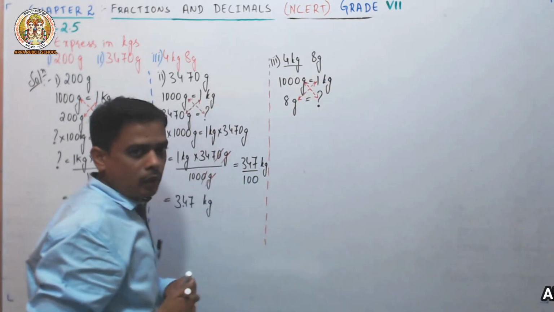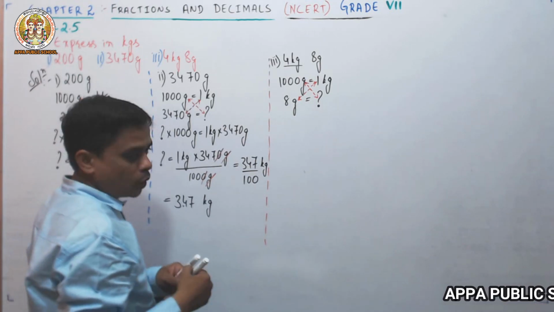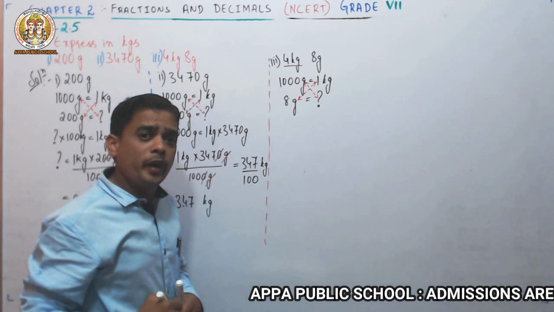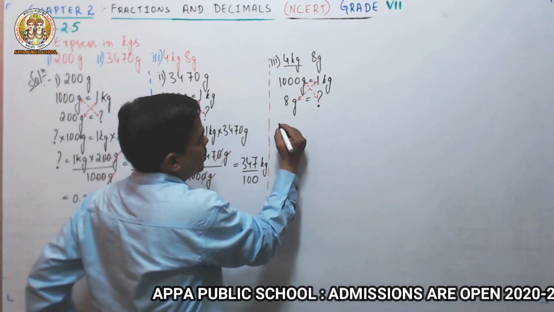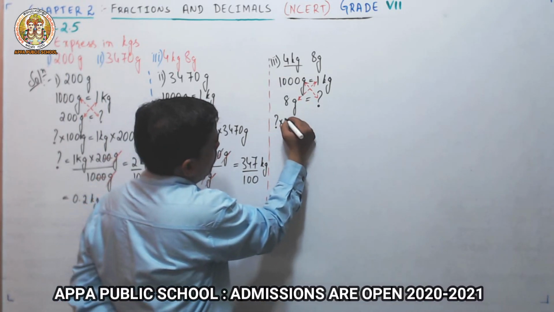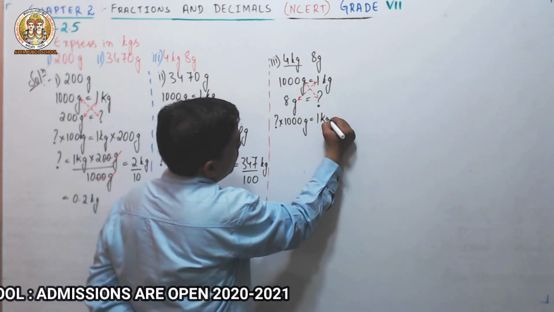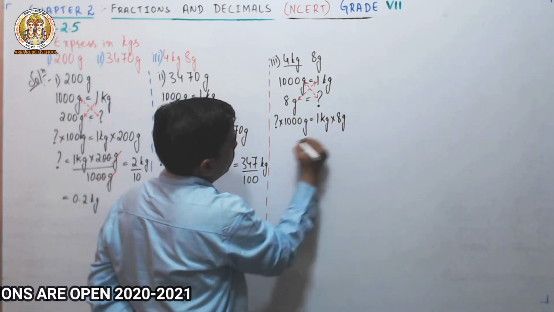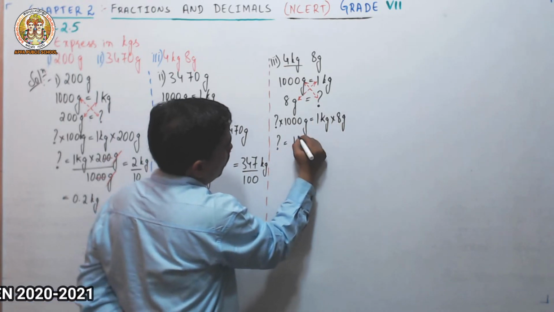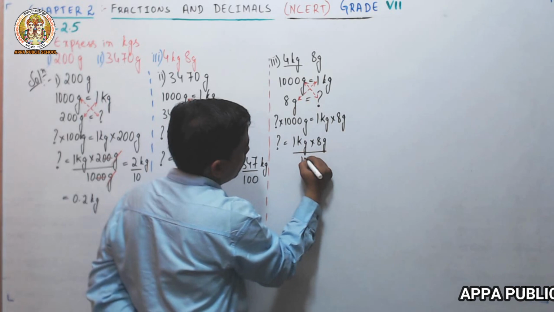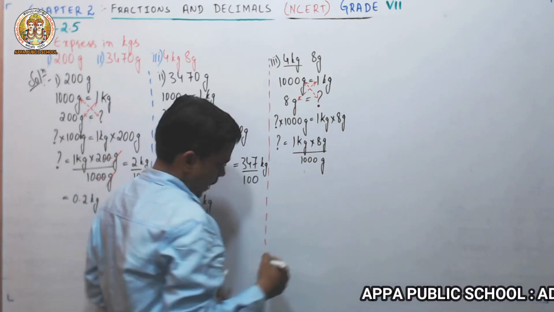Anyhow it will take 1 or 2 minutes. Please don't write the answer directly, though I can write it as 0.008 also. Question mark into 1000 gram is equal to 1 kg into 8 gram. So question mark is equal to 1 kg into 8 gram divided by 1000 gram.